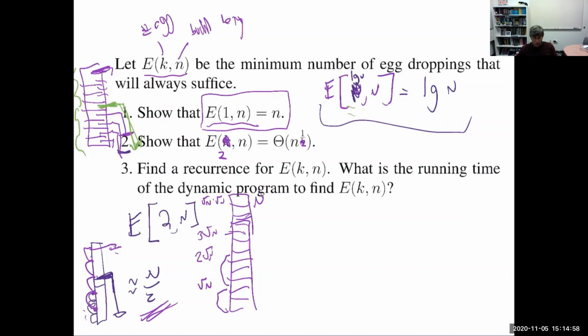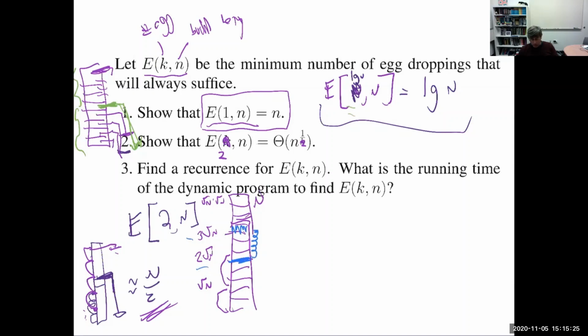Does everybody see that if I do this, there will be a place where the egg breaks? And if it broke here, we know it didn't break at 2 square root n. It broke at square root n. Now I can walk up here with my second egg.